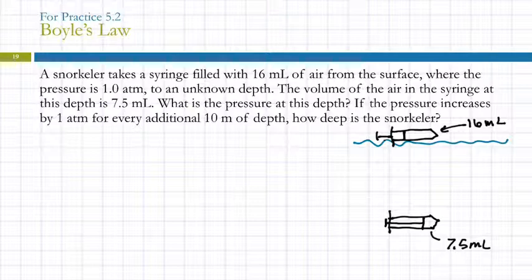It's 1 atmosphere. So up here, the pressure is 1 atmosphere. And down here, do we know what the pressure is exactly? No, in fact, that's the question they're asking. What is the pressure at this depth? So that pressure equals, we don't know.